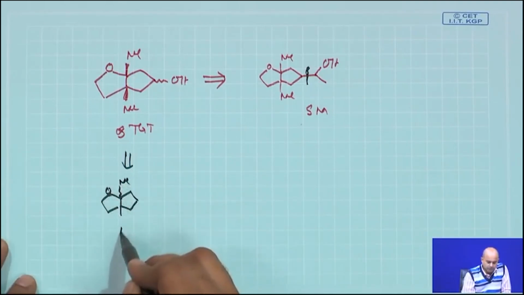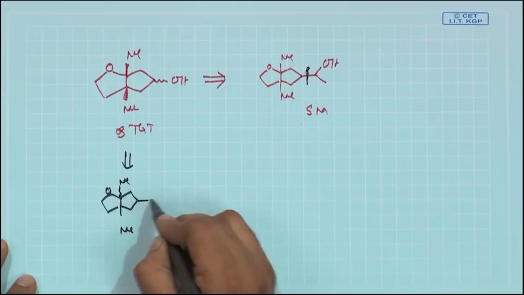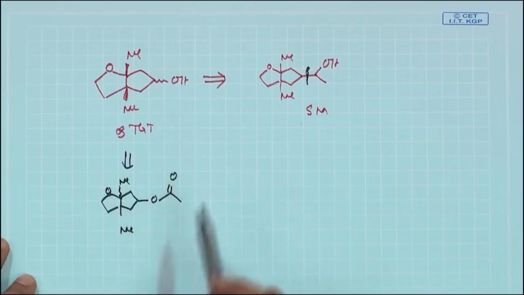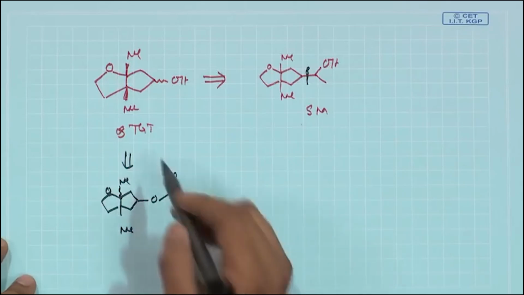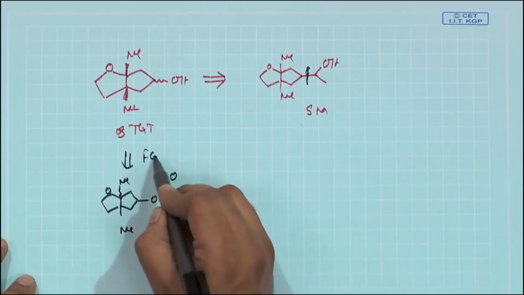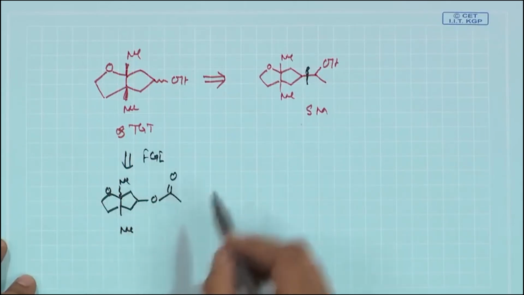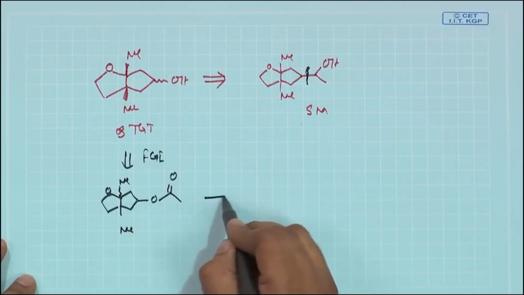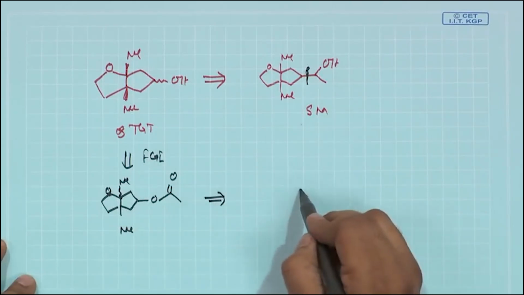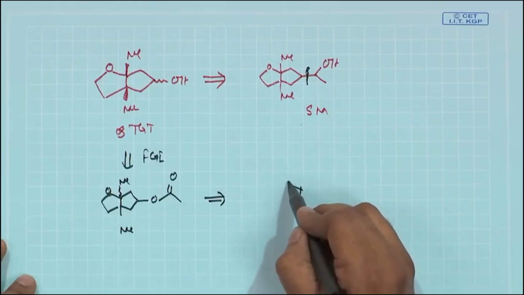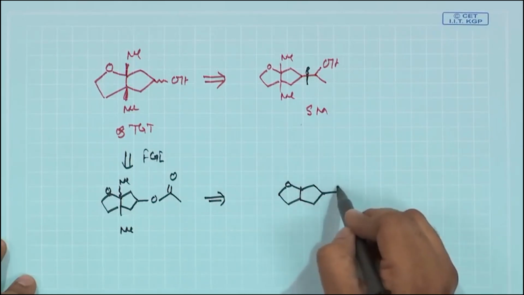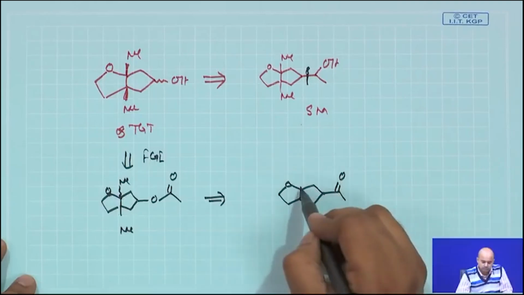Probably all of you know this important reaction. I will say that this alcohol will be coming from an acetate by simple acetate hydrolysis, which is a very classical FGI. Now, I say that this acetate will be created through this reaction.